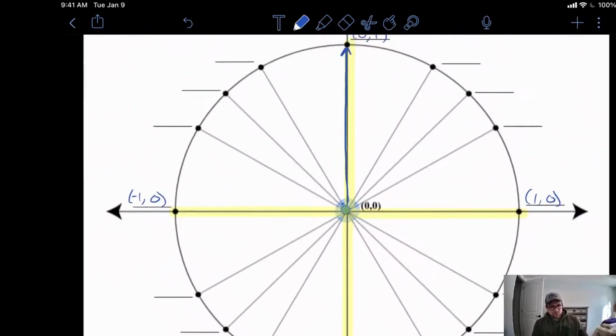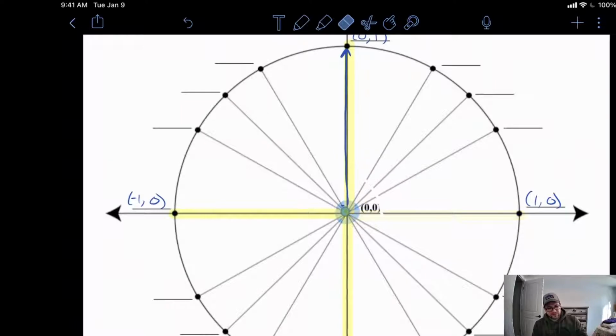Now, that's pretty straightforward, but where this actually gets harder is trying to find the measurements or the locations of the points where maybe we aren't just going in a straight direction, but we kind of approach diagonally. And that's really where we're going to be focused on today. Now, the truth of the matter is that in any of these situations, each of these yellow lines is still going to be 1, right?